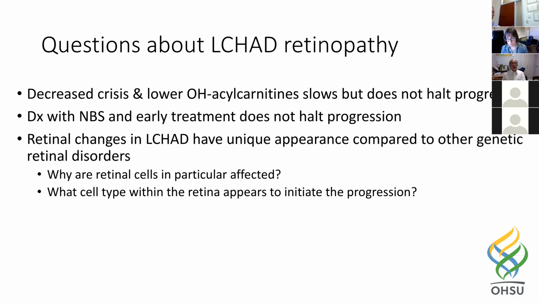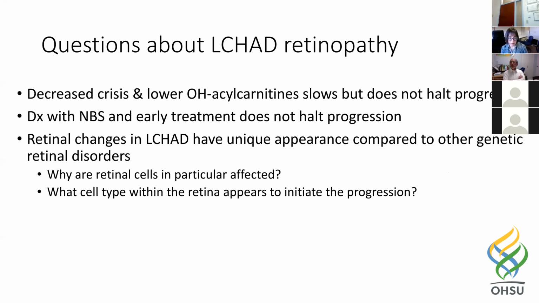So instead of seeing retinal changes at say 2 to 6 months, we're seeing them in 4 and 5-year-olds. So certainly the early treatment is slowing the progression. But again, we have not halted it. I'm still seeing 4 and 5-year-olds who have started to show pigment changes in the retina. So we clearly aren't stopping the progression with our current therapy.